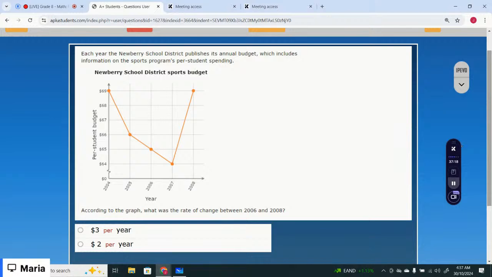That's the $2 per year. Option number two is the correct option.